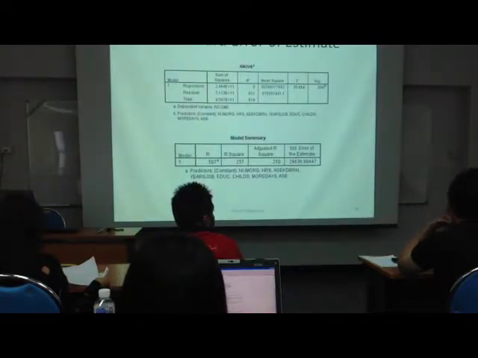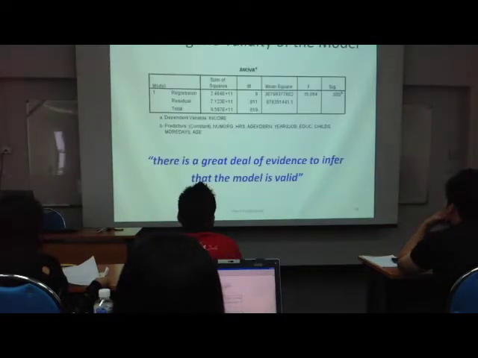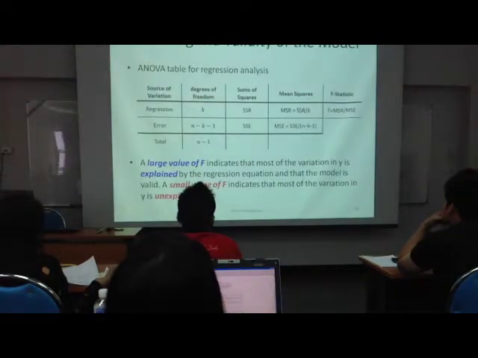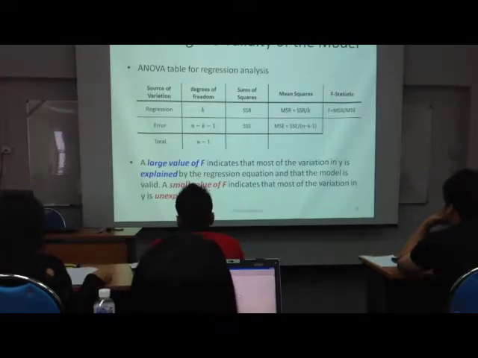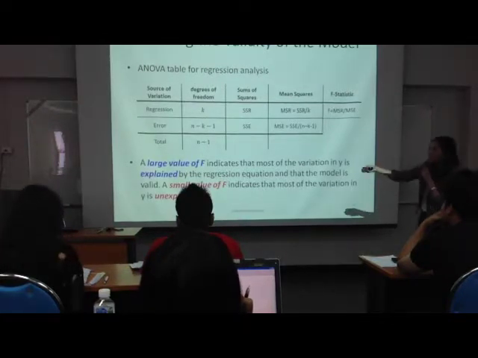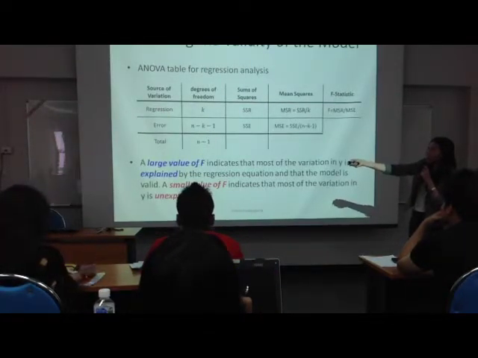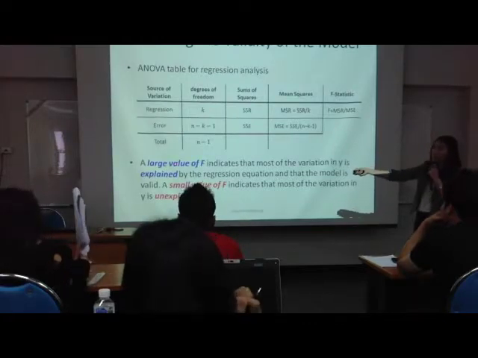So in the ANOVA table, we have regression, error or residuals, and then total.